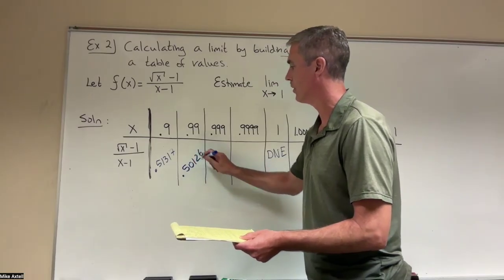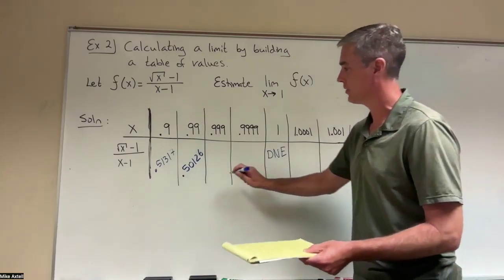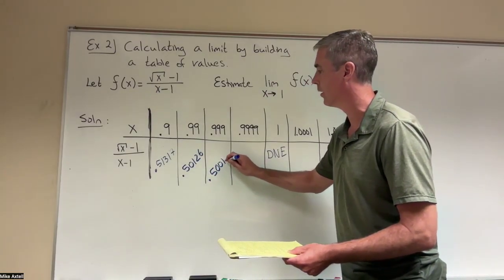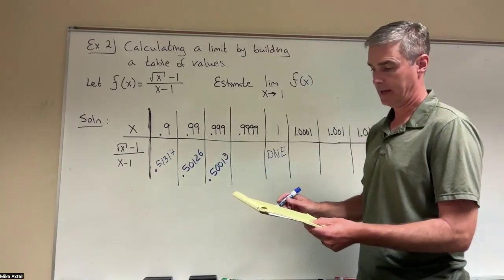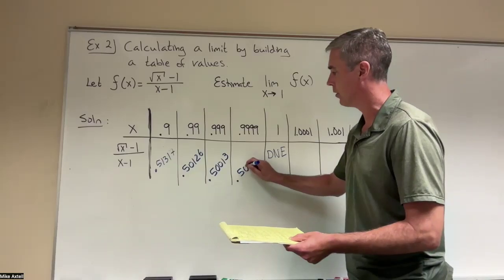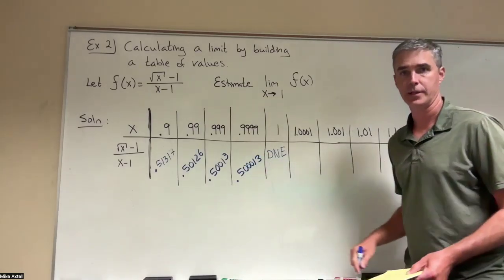I think I rounded to the fifth decimal spot, and for one I went to six decimal places.